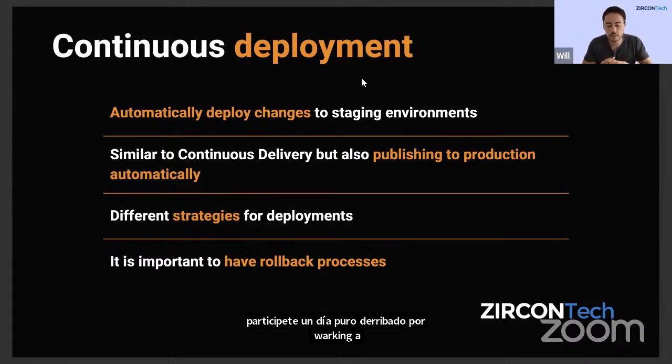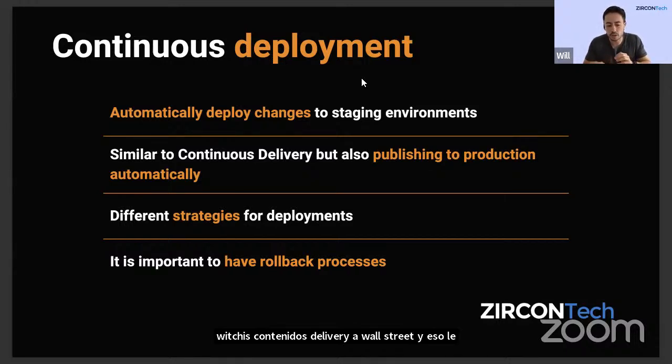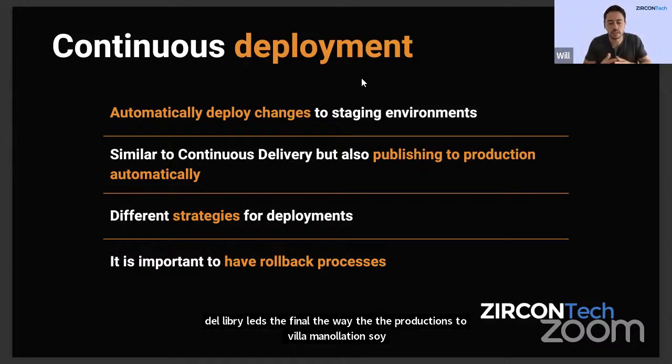There's another term that you'll often hear, which is continuous delivery. And while they are used as the same thing, usually continuous delivery lets the final deploy to production be a manual action, right? So I guess there's that small difference. But continuous deployment also considers that to be an automated process.